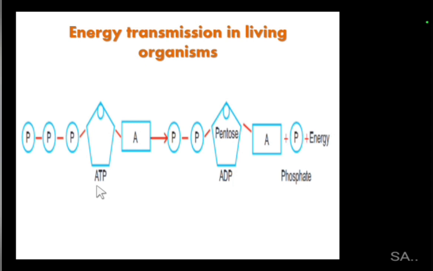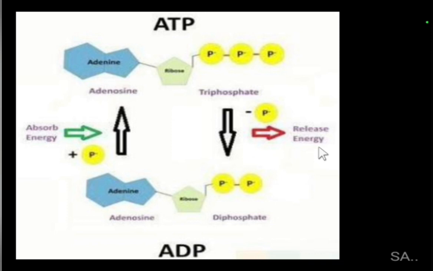This stores around 7.3 kilocalories per mole, and when one molecule of ATP is broken, it gives you ADP, which is adenosine diphosphate, and this acts as a discharged battery. Along with ADP, there is a release of a phosphate group and energy, which is around 7.3 kilocalories per mole. So this is how energy is liberated within the living body. You'll get the idea clearly from here.